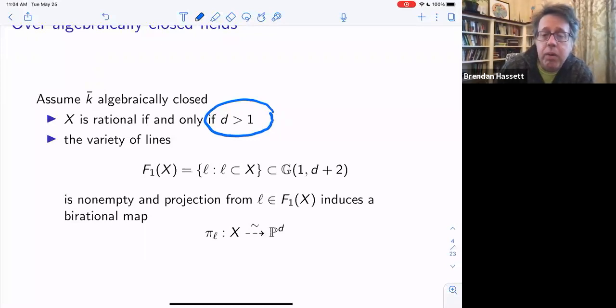And moreover, projection from a line inside of X induces a birational map from X to the appropriate projective space. And so this proves that X is rational here under these circumstances.